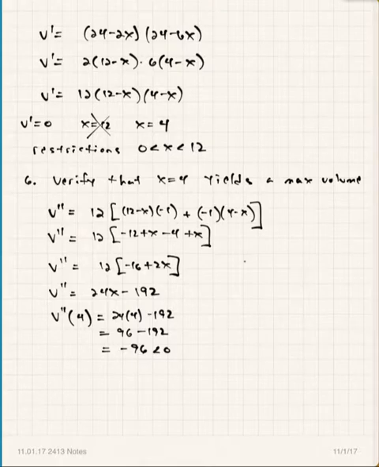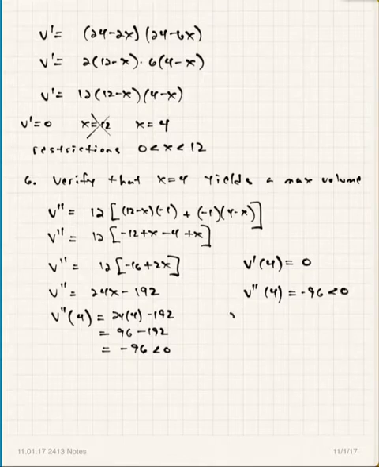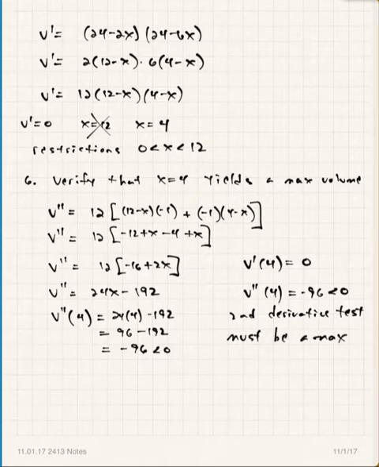We have that v prime of 4, the derivative at 4, is 0, but the second derivative at 4 is negative 96, which is less than 0. And the second derivative test definitely says then that there must be a maximum v value at x equals 4, like that.